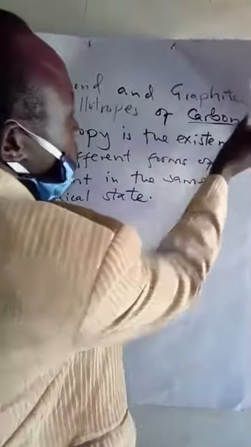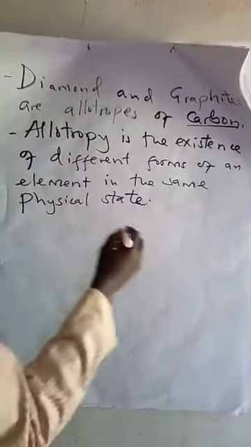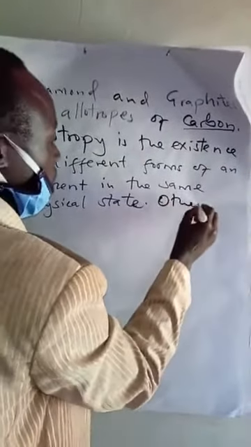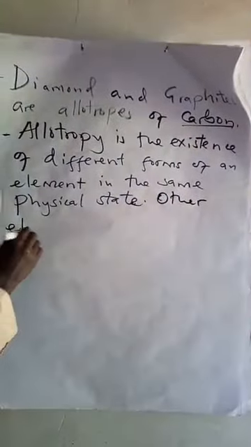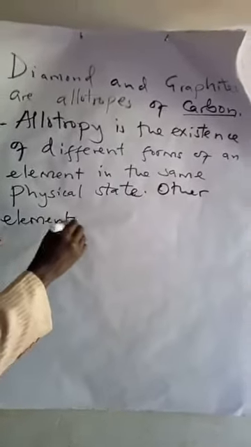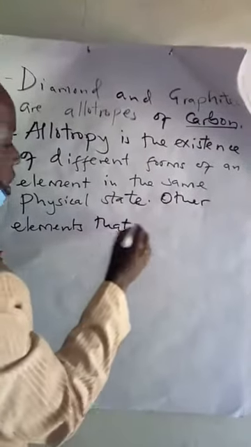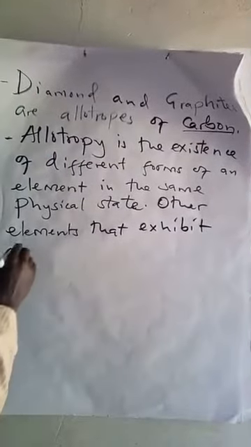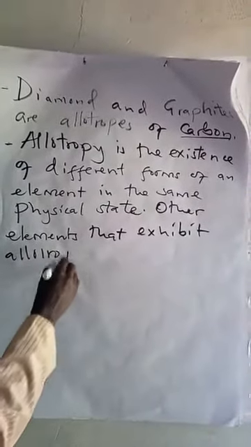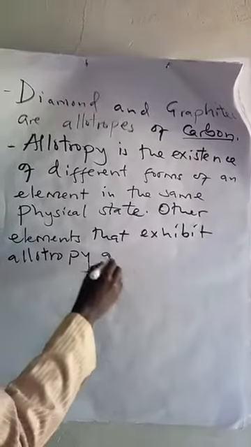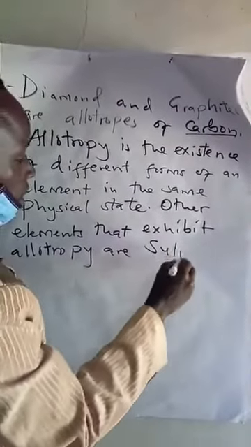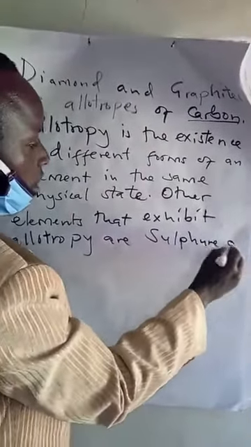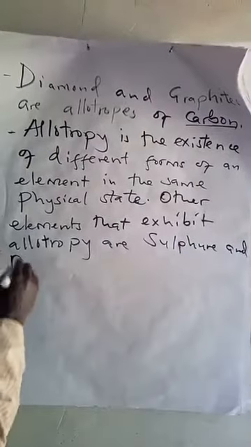Mark that. Maybe we can say other elements that exhibit allotropy are sulfur and phosphorus.